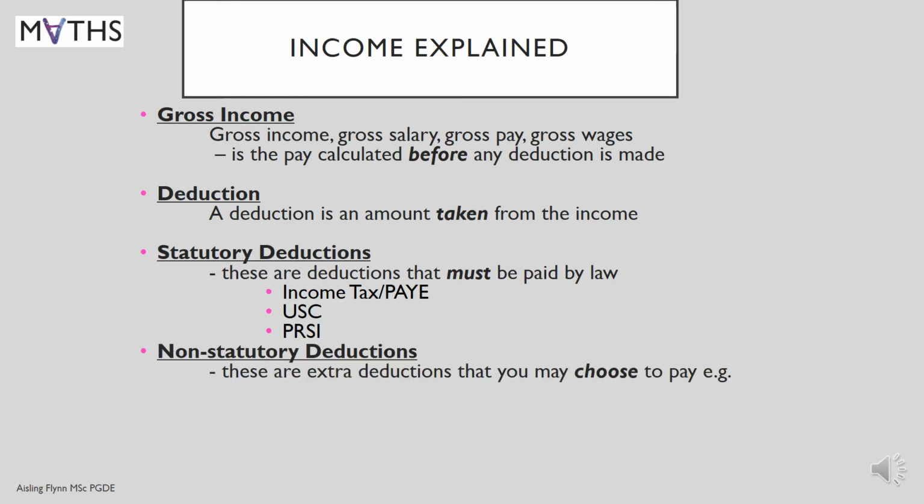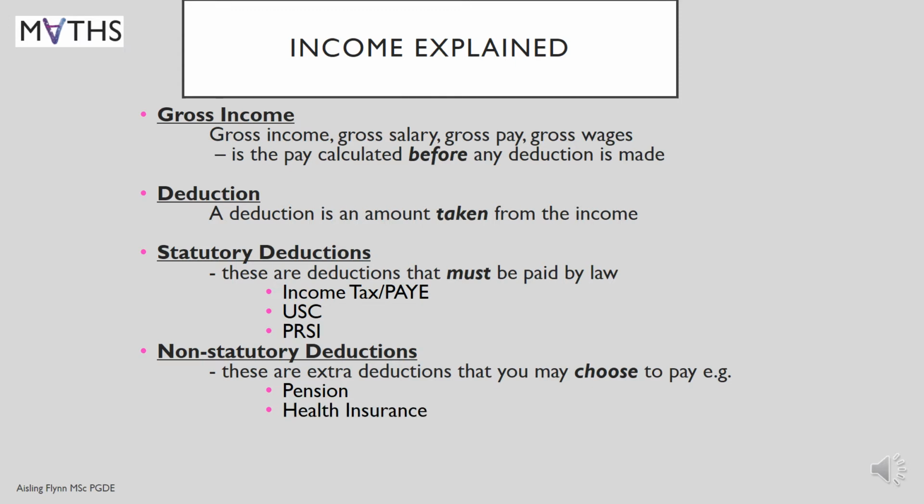Non-statutory deductions are extra deductions that you may choose to pay, or they are voluntary deductions. For example, pension. You may choose to pay into a pension scheme which when you retire will give you a larger amount than the regular state pension.